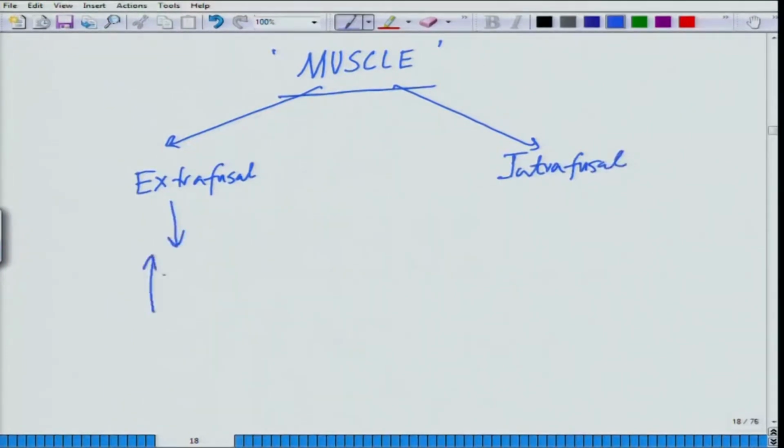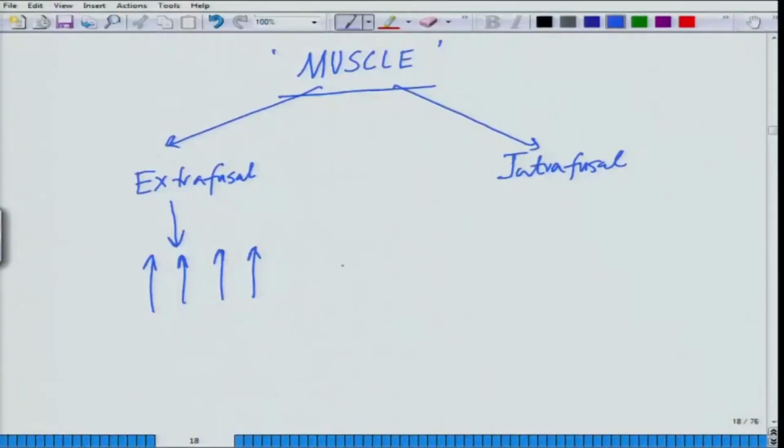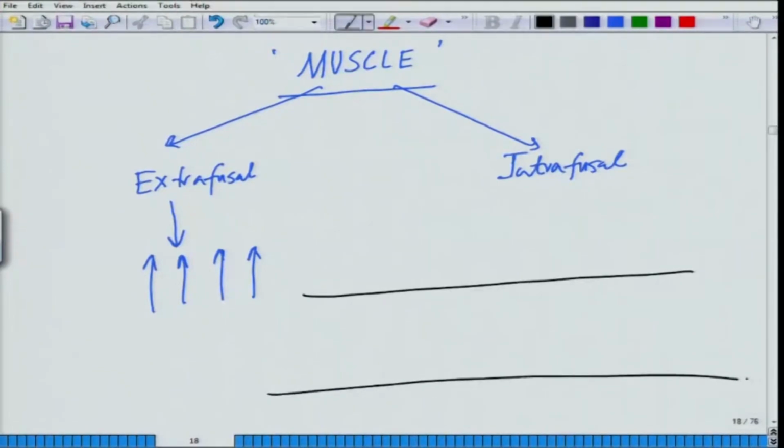Extrafusal muscles are in the highest number all over your body. All these muscles what you see out here, these are all extrafusal muscle, all my hands and chest and everything. Whereas, intrafusal muscles are very few in number. So, if this is a muscle tissue, this is all extrafusal muscle. Now, in between there are some small groups of muscles, I am putting them in red, something like this.